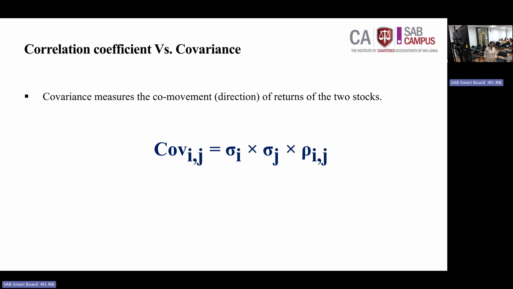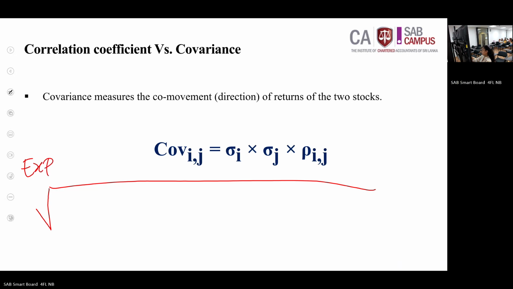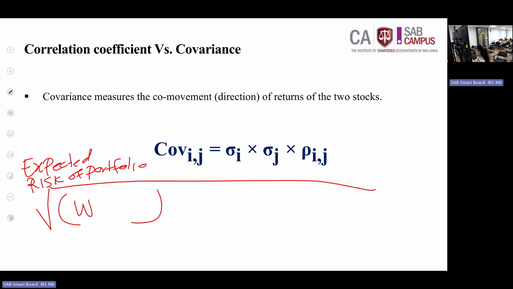Rather than applying the covariance directly, you can rewrite the formula like this. Expected risk of portfolio equals first component, weighted risk of the first asset, plus weighted risk of the second asset.